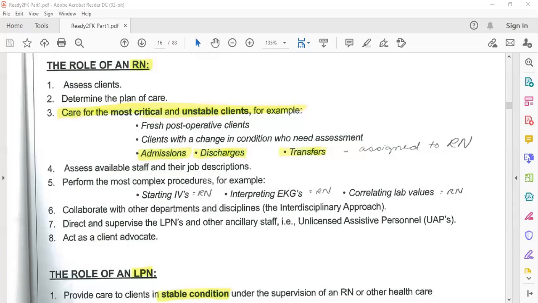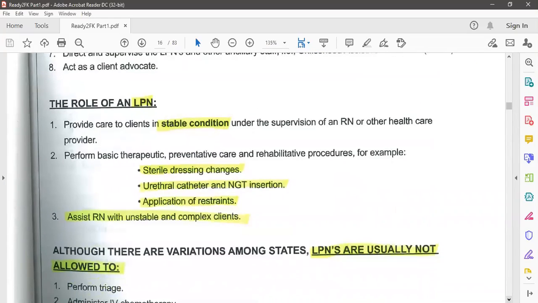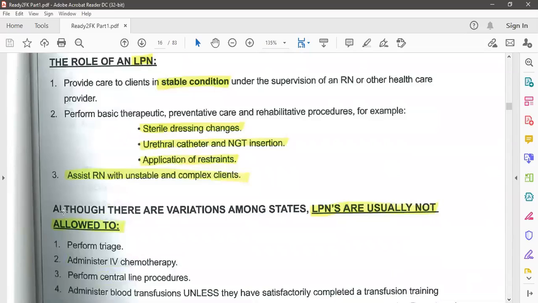On this note, I prefer, the reason being, especially you see, there are variations among the states. LPNs are usually not allowed to do some work. I'm going to explain what the LPN is supposed to do.